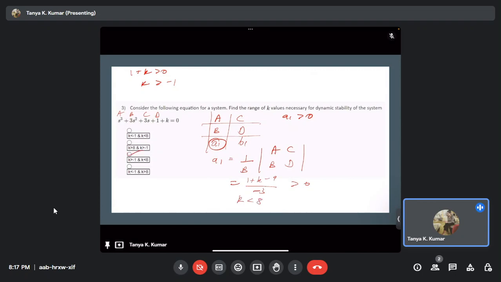Alright, so this is the correct answer. k should be greater than minus 1 and less than 8.